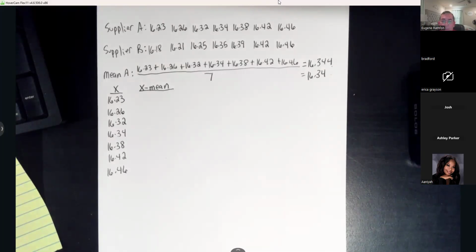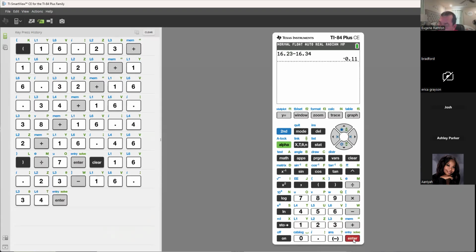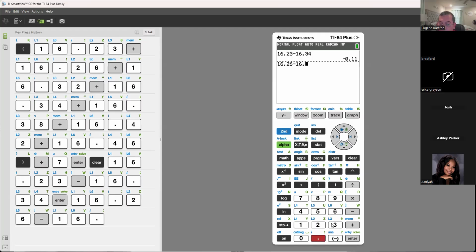All right, y'all. So, starting with 16.23, we would subtract our mean of 16.34. And that'll give me a negative 0.11. Then I take my 16.26, subtract my mean 16.34, and that'll give us a negative 0.08.